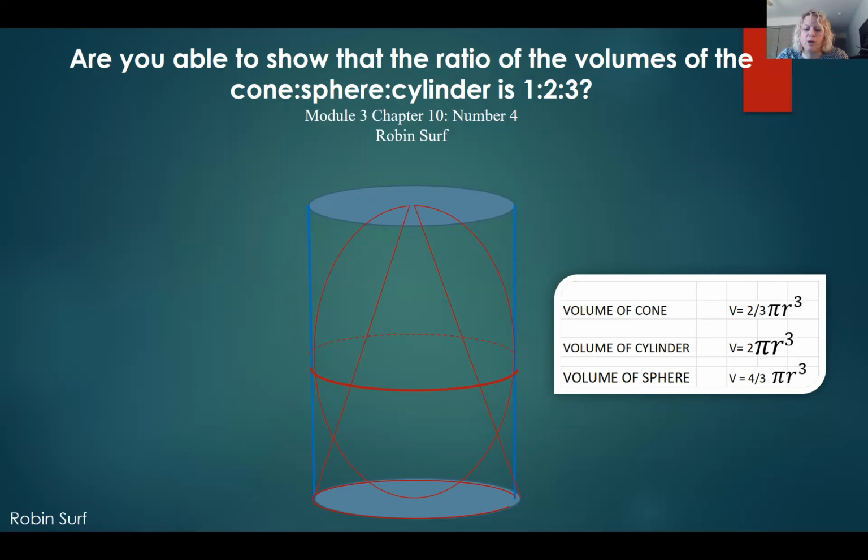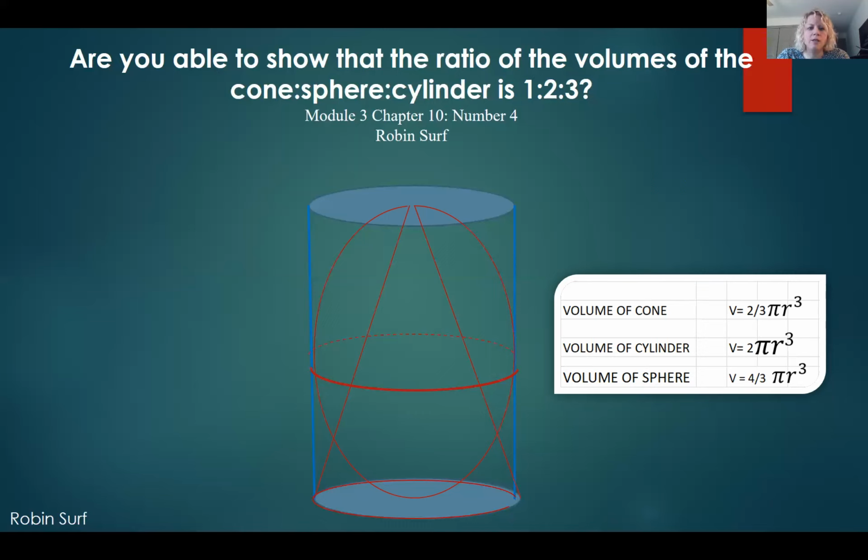If you take the volume of the sphere and divide it by the volume of the cone, the only number you're left with is 2. If you take the volume of the cylinder and divide it by the volume of the cone, the only number remaining is 3. So the cone to the sphere to the cylinder ratio is 1, 2, 3.